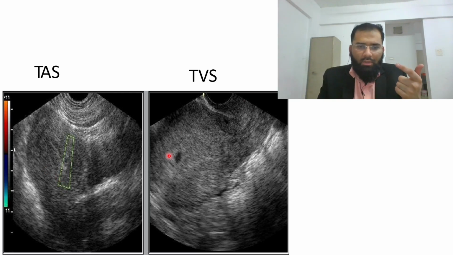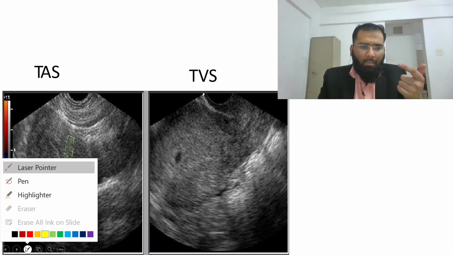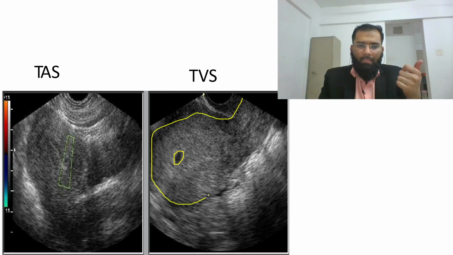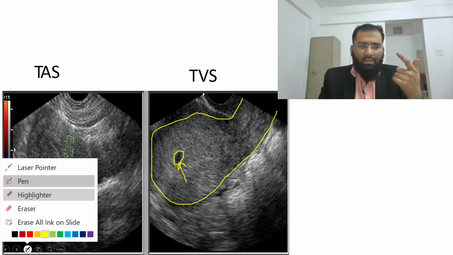But look over here in this scan, can you see this structure? Yeah, you can see. This is the uterus, and we are able to see a GSAC-like structure, right? So this is how we are able to locate it early.